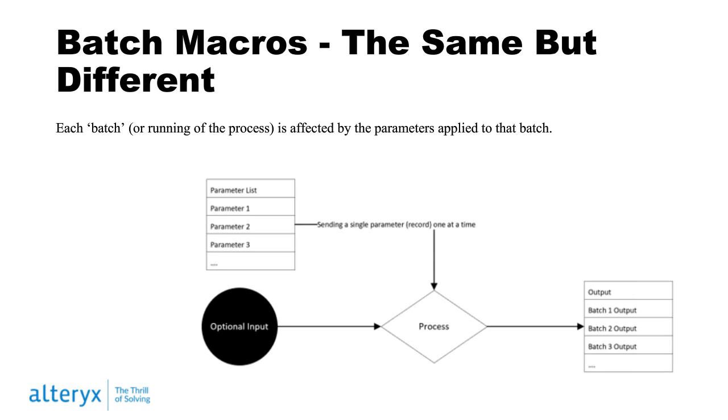And the input for Alteryx isn't always required. I'll tell you what that means in a second. But that input is passed into our macro process. And then we have a list of parameters that come in through our control parameter section. And then those control parameters are applied against that set of data, this optional input, based on how you build out that macro.